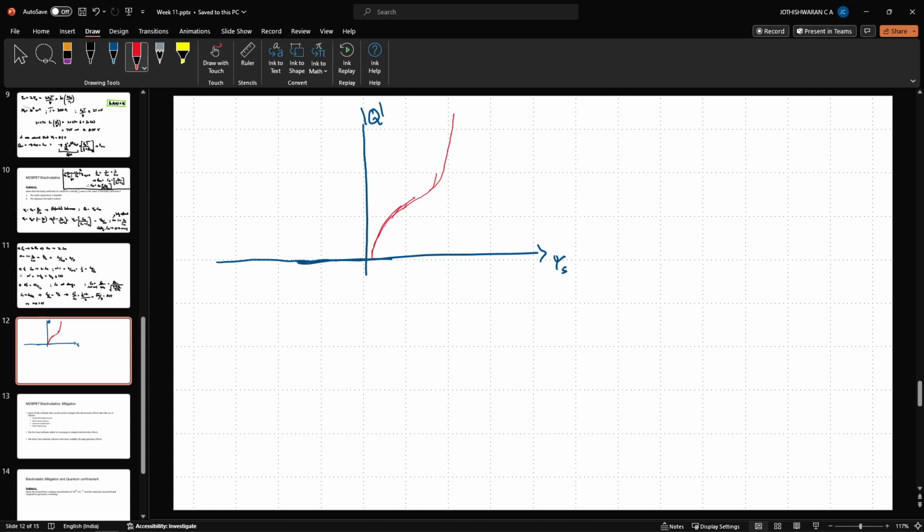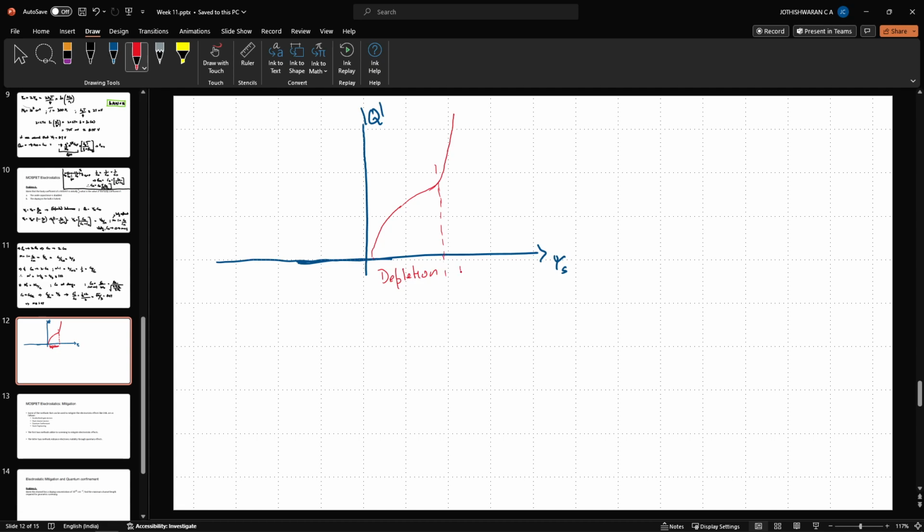So this is how we see the variation. This is the depletion regime, not region. Apologies once again. So depletion regime, and over here we have achieved inversion.